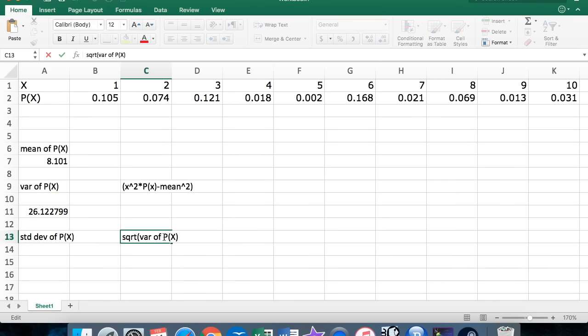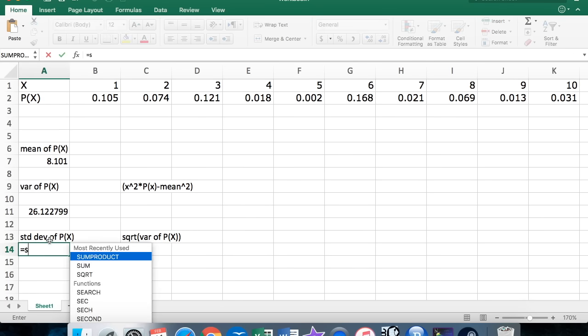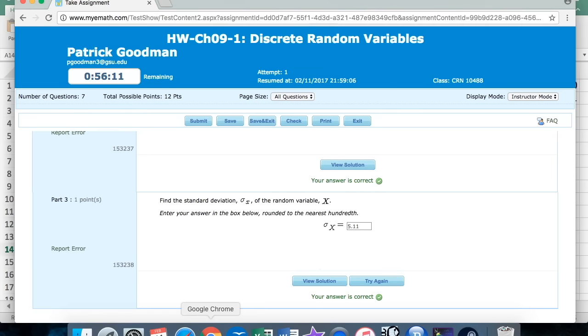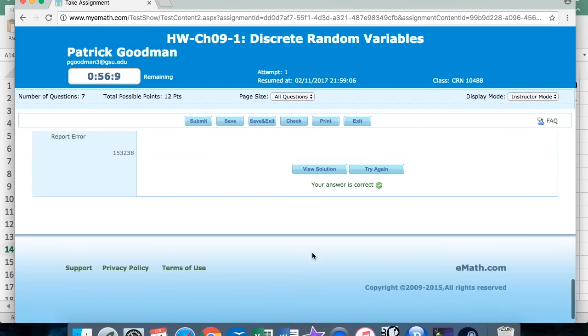Once you find the variance of your p of x, finding the standard deviation is very simple. Just do equals and do square root, so SQRT. Click on your variance, and there you go. That is your standard deviation, 5.11.